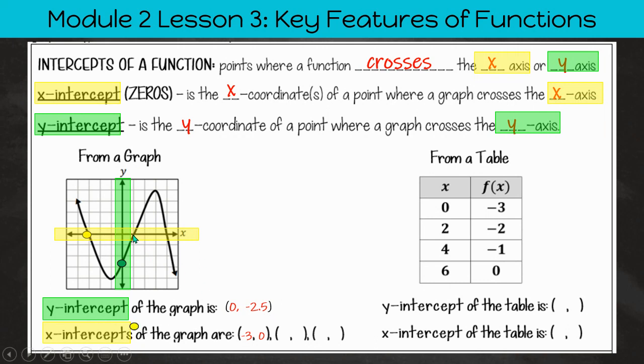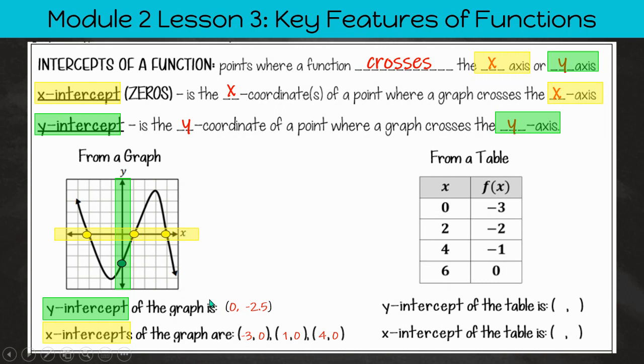Now let's find the value of this point. Well, here, if I start at 0 and go up 1, then that's going to be (1, 0). And then finally, we have this point where it crosses the x-axis. If I start at 0, we go 1, 2, 3, 4. So that point is (4, 0).